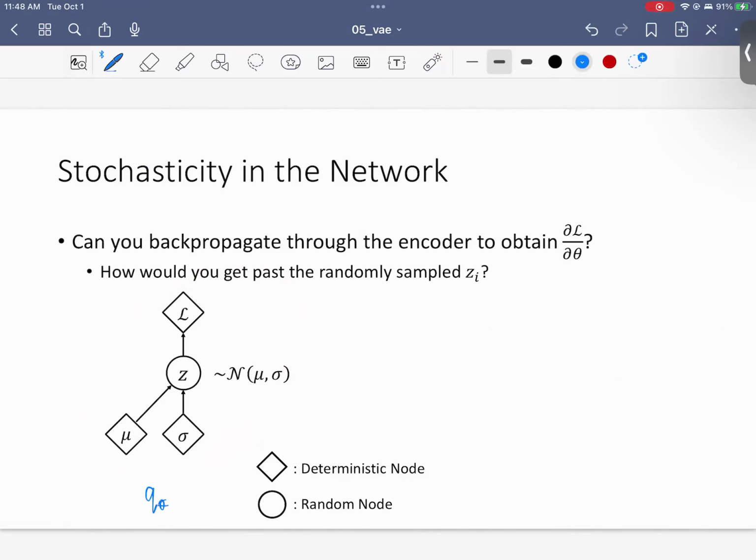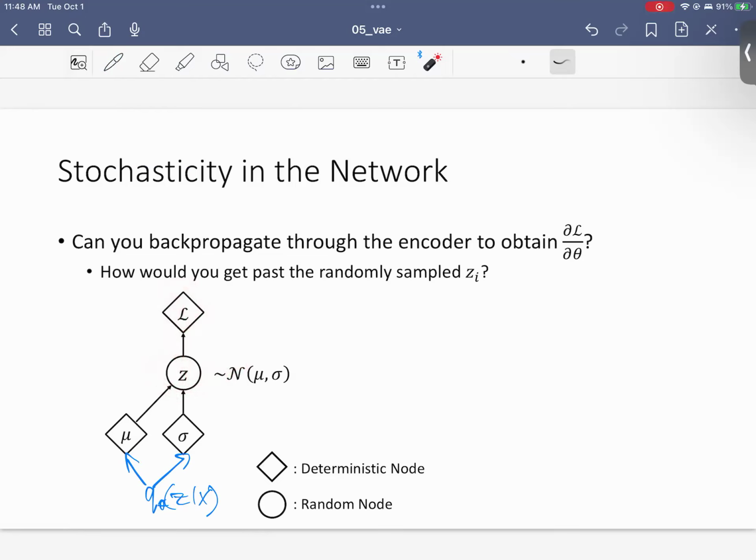Q theta here with z given xi. Well, let's forget about the xi here because mu doesn't have i here. So Q will give you mu and sigma, and then based on your mu and sigma, you can sample z, and then this will lead to the MSE function, the loss function.